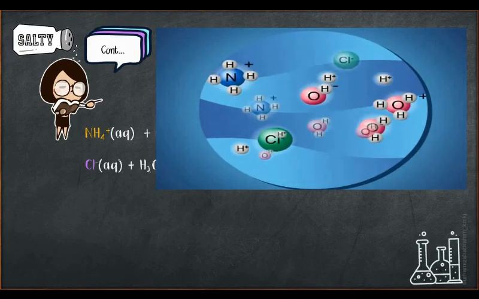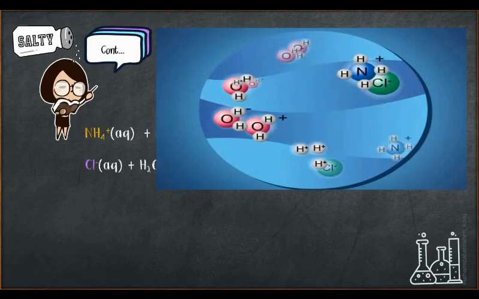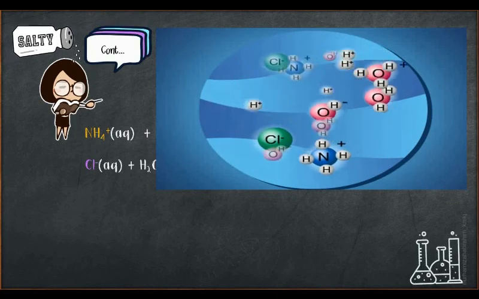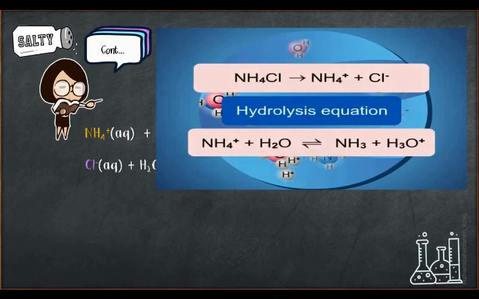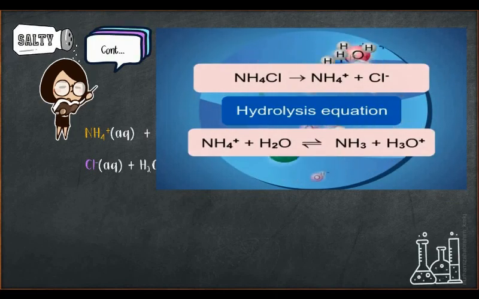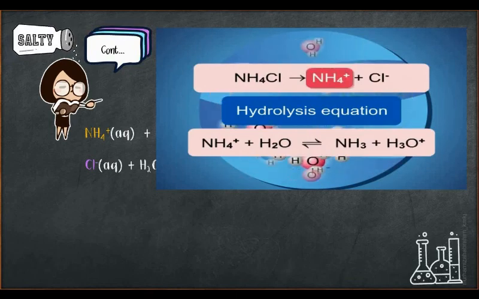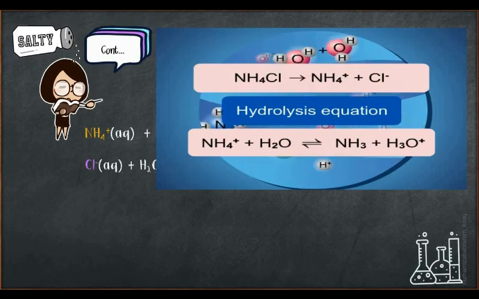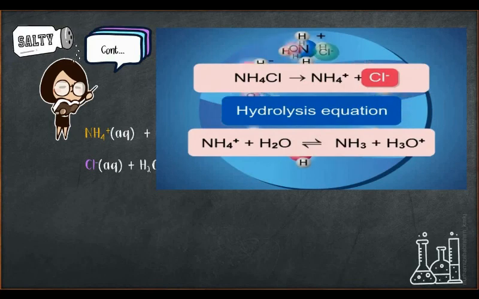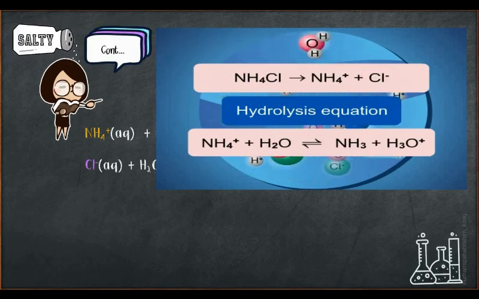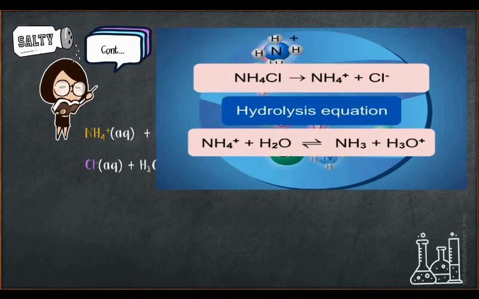Let us study the processes that take place in an aqueous solution of ammonium chloride. When added to water, this salt undergoes complete dissociation into ammonium cations, NH4+, and chloride anions, Cl-. The ammonium cation behaves as a weak acid in an aqueous solution, donating protons in a reaction with water.